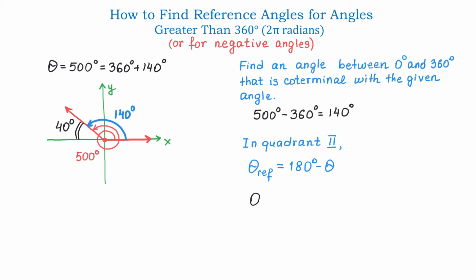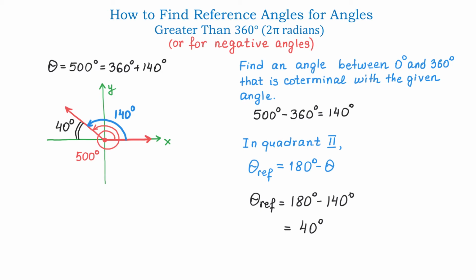Then the reference angle equals 180 degrees minus 140 degrees, which makes 40 degrees. So as you see, just like in the drawing to the left, we got that the reference angle measures 40 degrees.